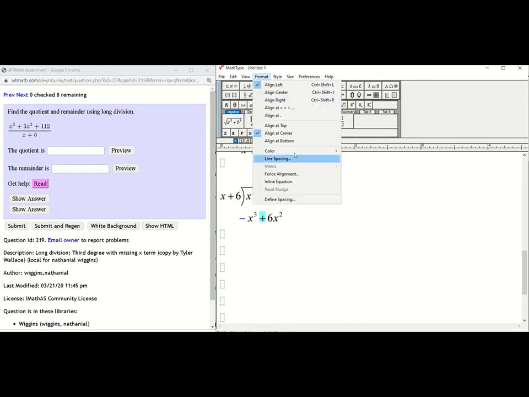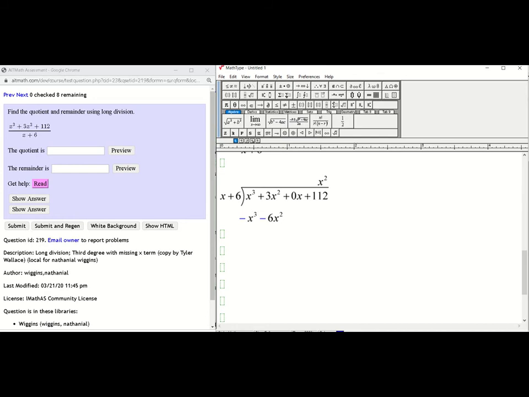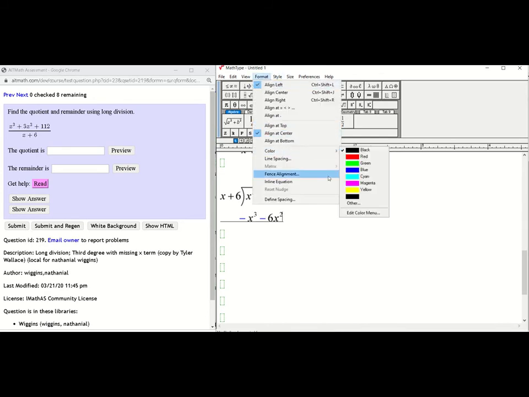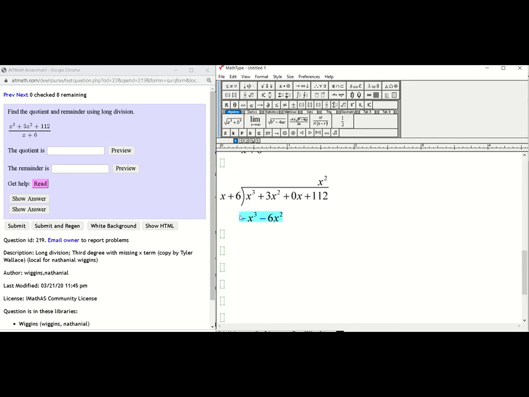We're going to do the same thing. And now we're going to try to add down. So let's grab these items and add down. Well, this is going to be a 0, isn't it? So we just have to worry about this, which is going to give me a negative 3x squared.